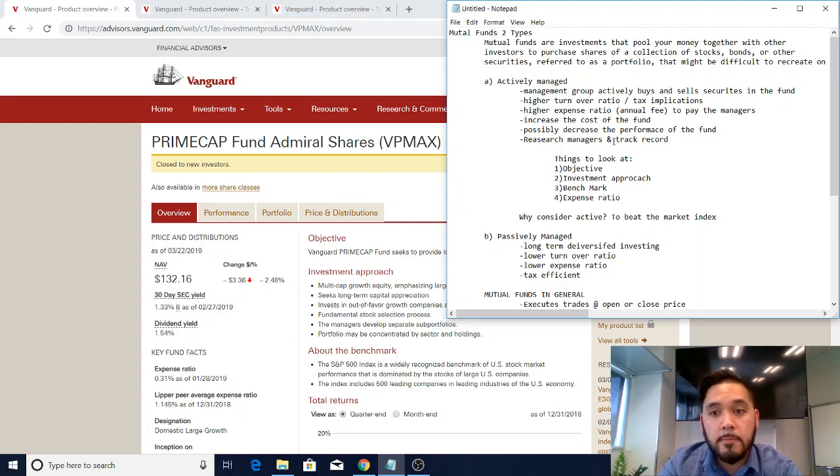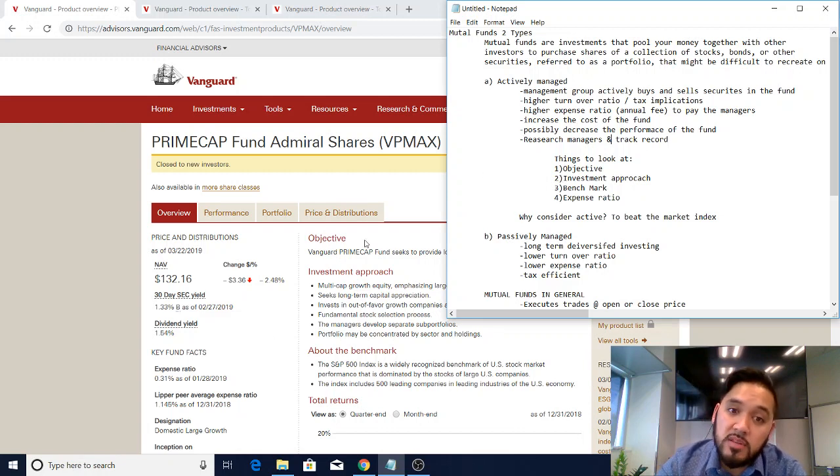As I was saying, the higher the expense ratio, the higher the cost of the fund. For us to be a part of the fund, it's going to cost us more money to pay out the fund manager to manage our money for us. There's definitely been a lot of research showing that higher expense ratios decrease the return over time. So it's something you really need to pay attention to when researching and investing in mutual funds.